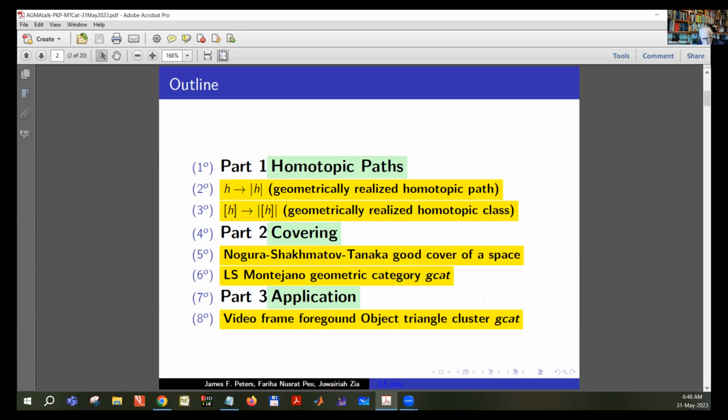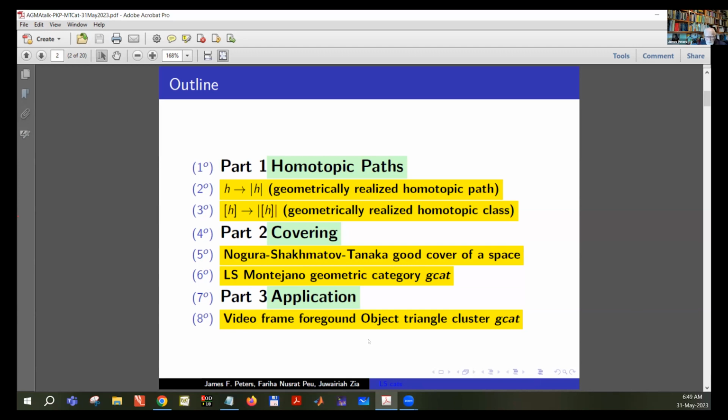Here's an outline of the talk. I first remind everybody about homotopic paths. And considering the previous talk, this is something that all of you know quite a bit about. And then the notion of covering also is given as a reminder, with one exception. Professors Nagura, Shakamoto and Tanaka recently introduced the notion of a good cover, which is appropriate in looking at the definition of a geometric category.